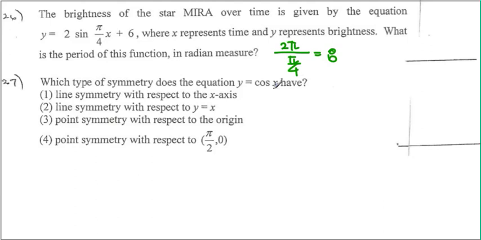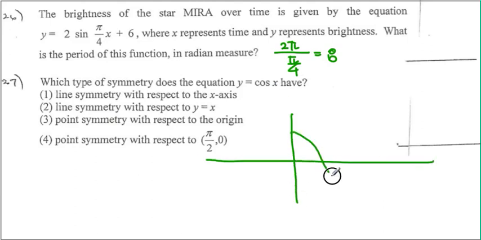Which type of symmetry does the equation of this one have? Now, this one basically looks something like this. Goes from this way, goes up, and so is this way. Is it symmetrical about the x-axis? Not quite, because in order for it to be symmetrical about the x-axis, I should have something else coming up this way, and that is not the case. About the line y equals x, that means, once again, it will be this line, but that's not true. Point symmetry with respect to the origin.